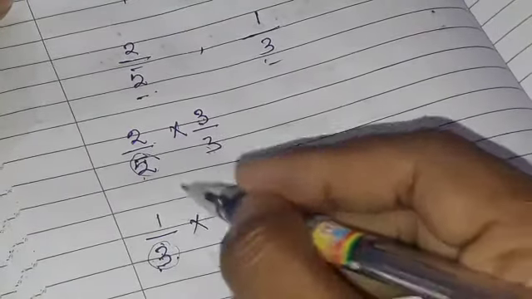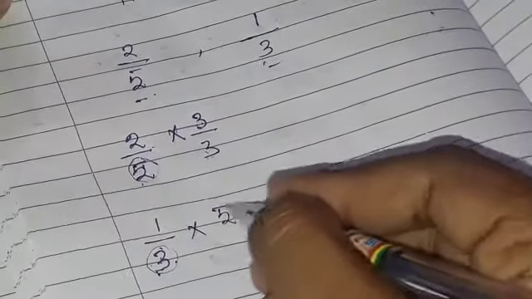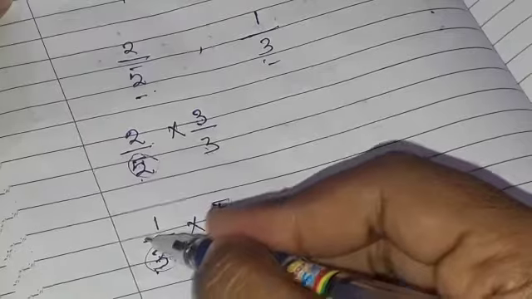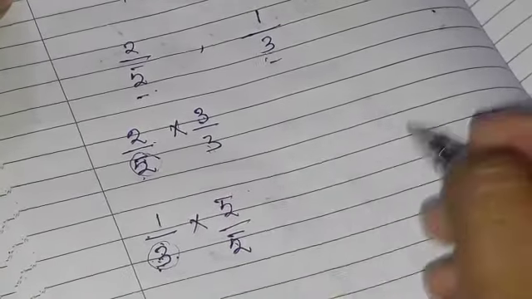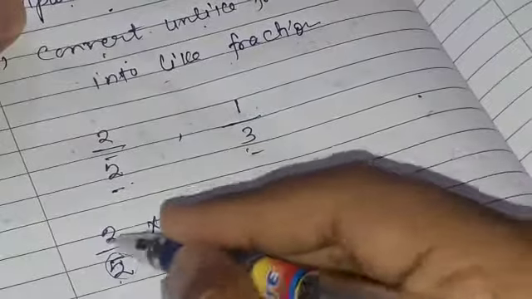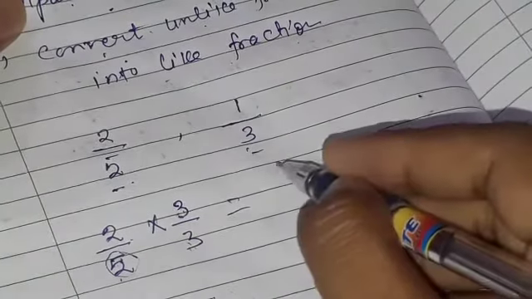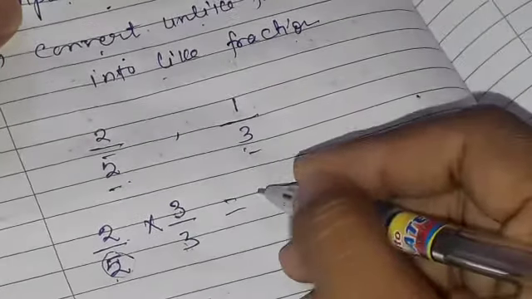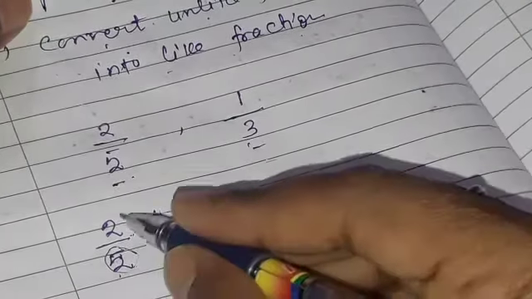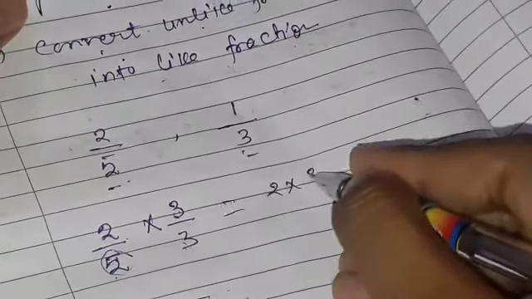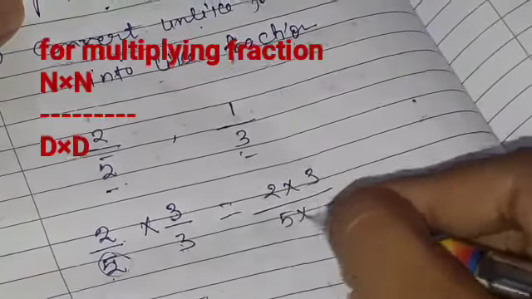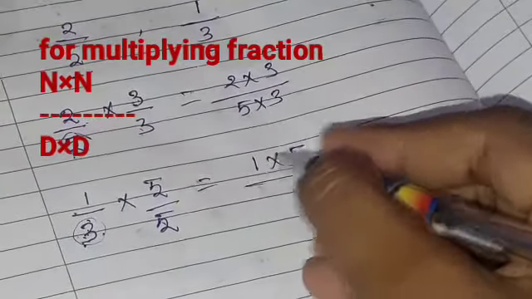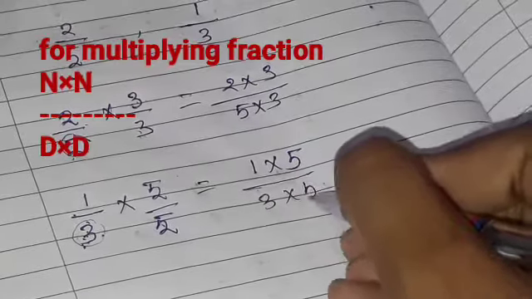And in this fraction we can multiply by the other denominator, that is 5. So you can multiply numerator and denominator both by 5. Later I will explain you more about the multiplication of fraction, but understand, for multiplication you multiply numerator with numerator and denominator with denominator.